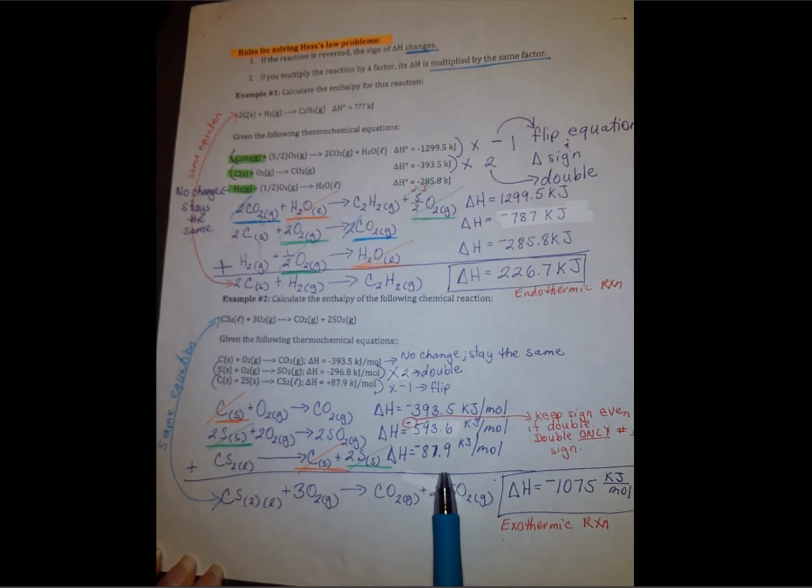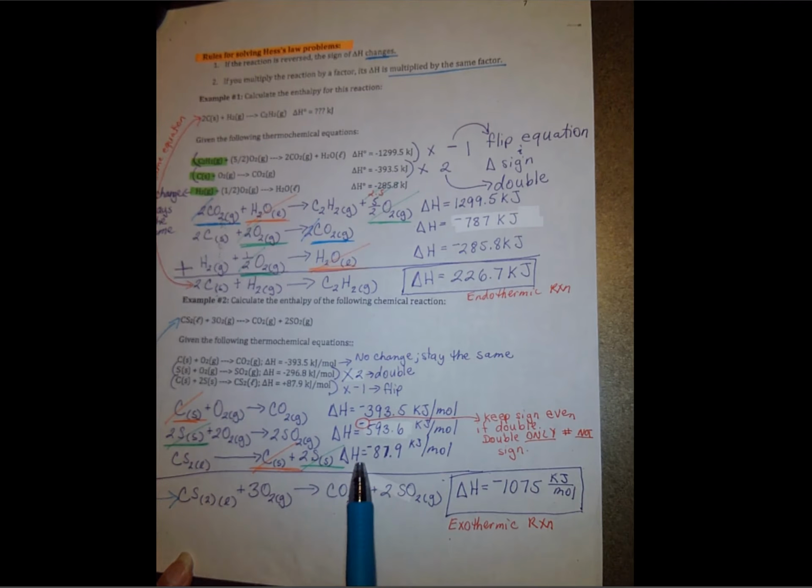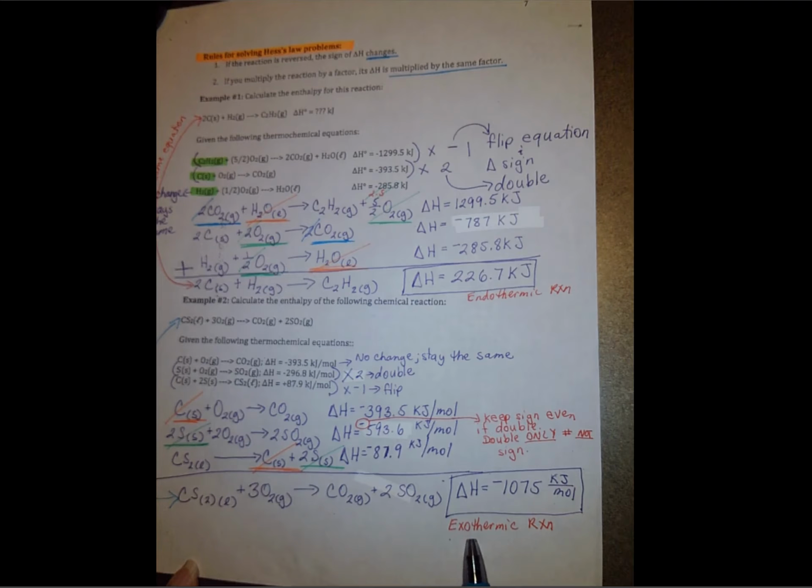In our change in enthalpy, we are going to start adding up, keeping the signs as they are originally. So our change in enthalpy for our overall reaction is negative 1075 kilojoules per mole. Notice that this is a negative sign, which means that energy is leaving the system. It's an exothermic reaction, so an explosion is going to happen.